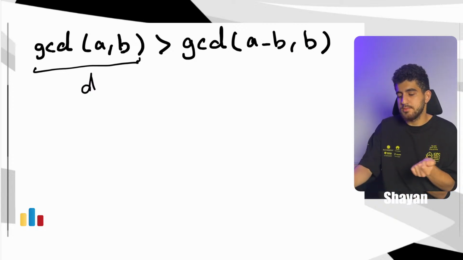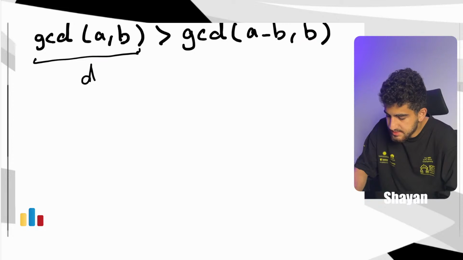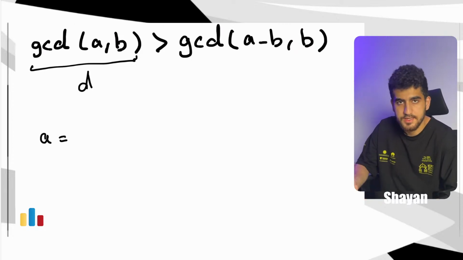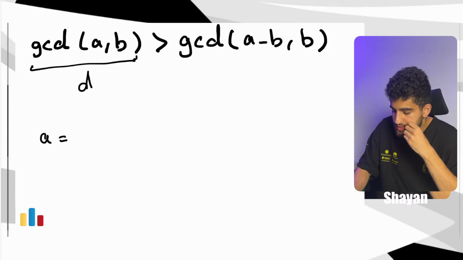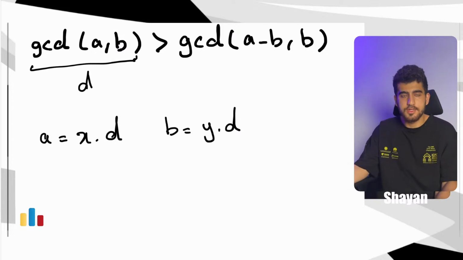GCD of A minus B and B is also at least D as well. Why? Because if GCD is D, it means that A is a multiple of D. A is equal to some X times D, X is an integer, and B is equal to some Y times D, Y is also an integer.